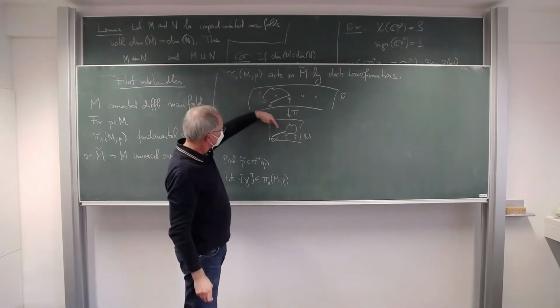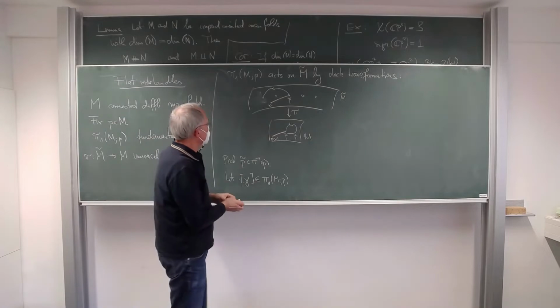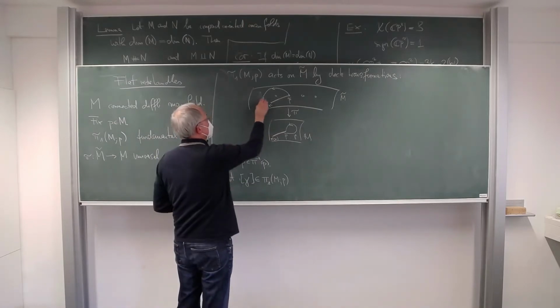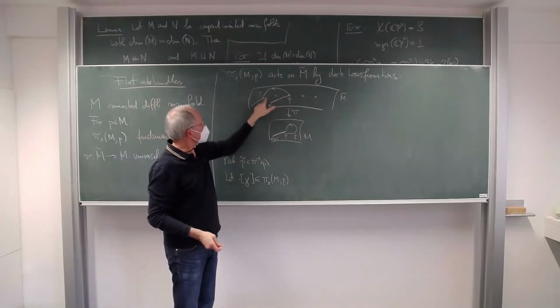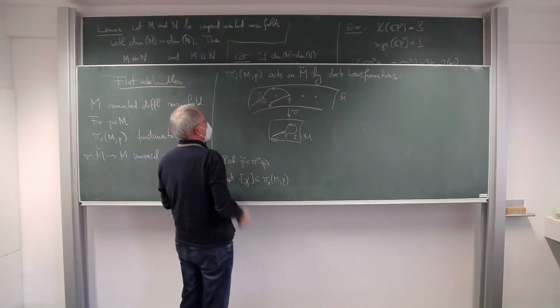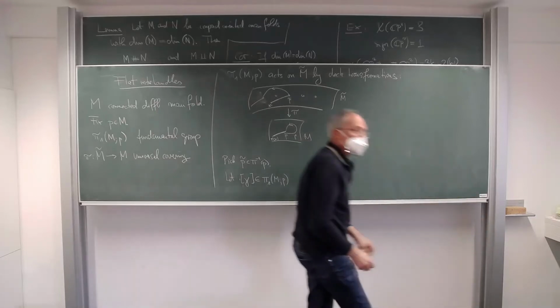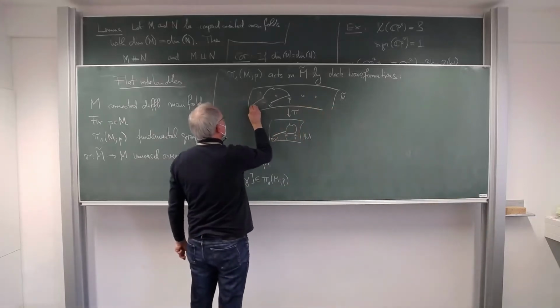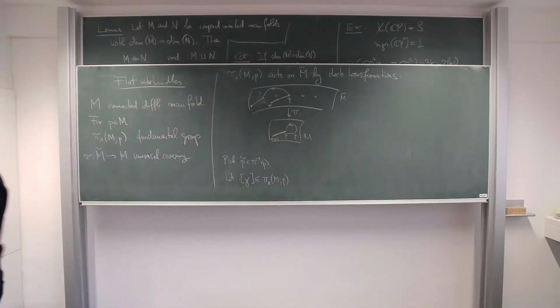And now we go back, so we have to lift this orange path once more, but this will give us some other path, because it's not starting here, it's starting there. And then the end point of that path is the image point of the deck transformation. So that's the image point of x under the deck transformation that corresponds to the loop gamma.